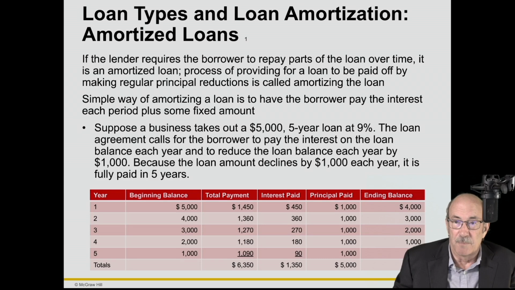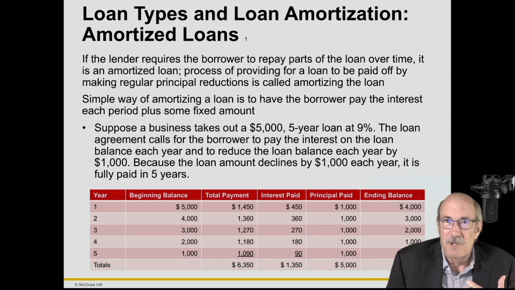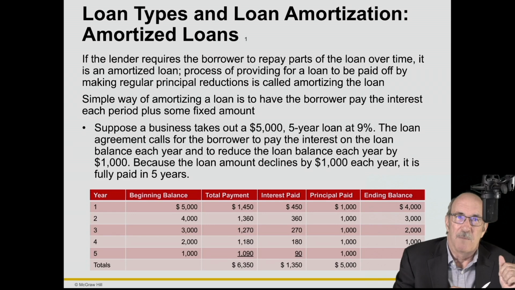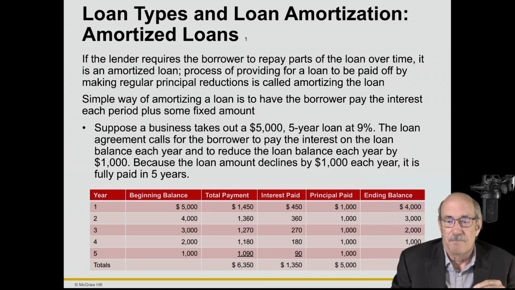Now we're going to jump into the type of loan that you may be familiar with. These are loans that you and I would get if we bought a car on credit, or if we bought a house on credit. These are called amortized loans. What amortization means very simply is that part of the payment is going to pay for interest and another part of the payment is going to pay for principal.